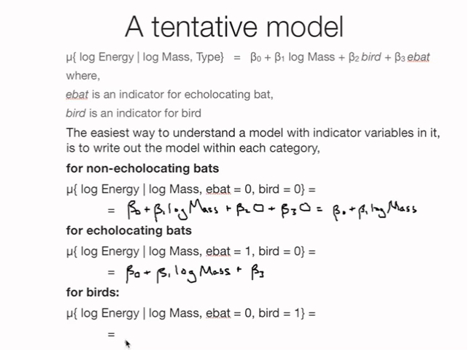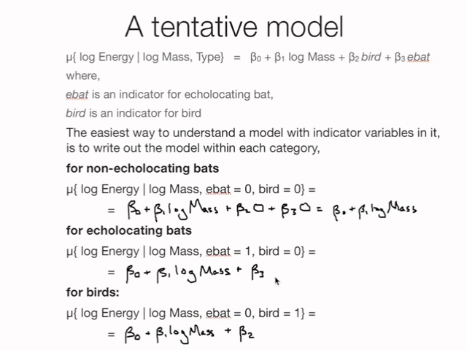And then similarly for birds, now our echolocating bat indicator variable is 0, but our bird indicator variable takes the value 1. So we're going to have beta 0 plus beta 1 log mass plus, this time, beta 2, but we do not get the beta 3.